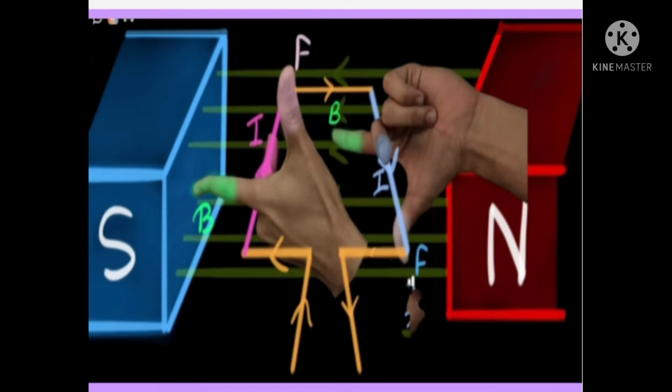You can see that the force experienced by the pink side is upward and the blue side is downward. So this causes the upward motion of the pink side and downward motion of the blue side. So it helps the rectangular coil to rotate in the magnetic field.